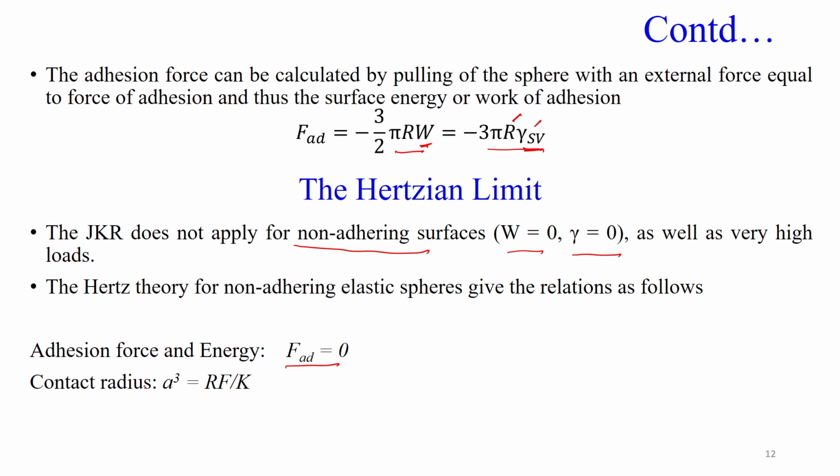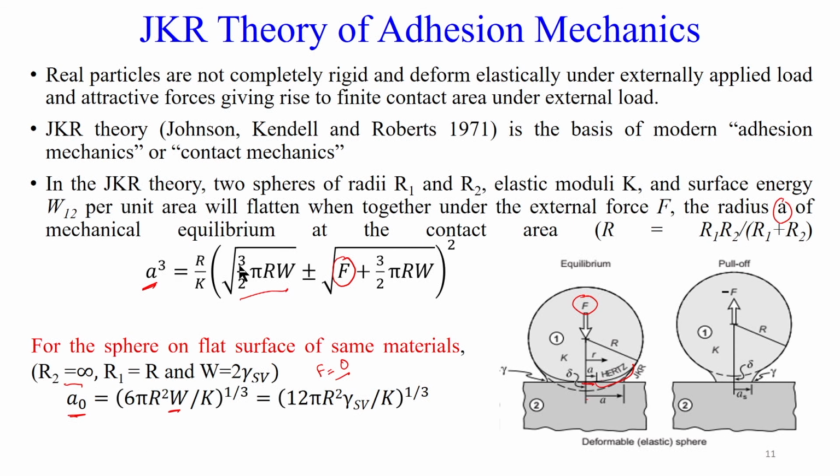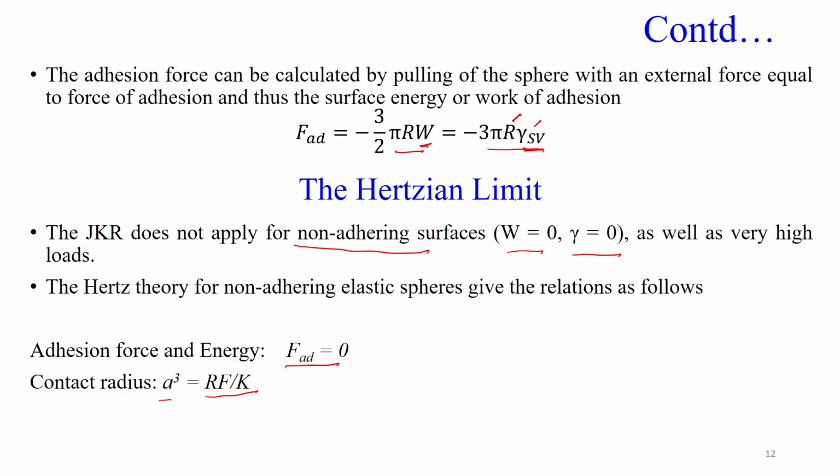In that case, the contact radius is simply (R F / K)^(1/3). This value comes out to be very small in the Cartesian limit, or you can say the Hertz surface.